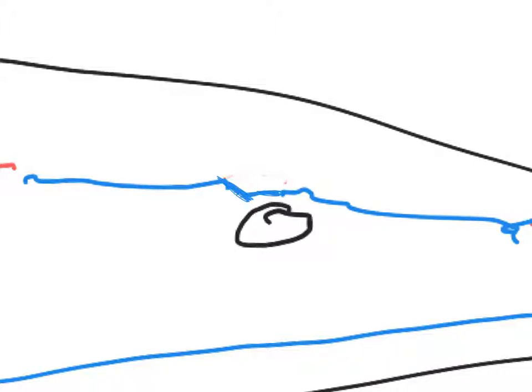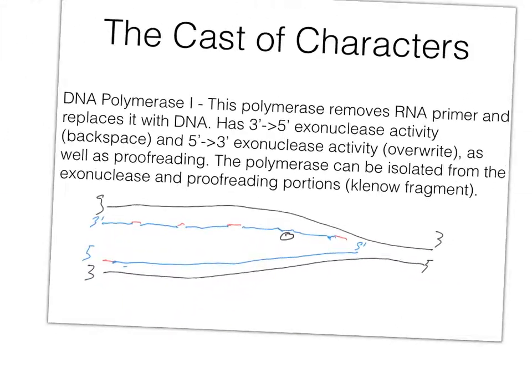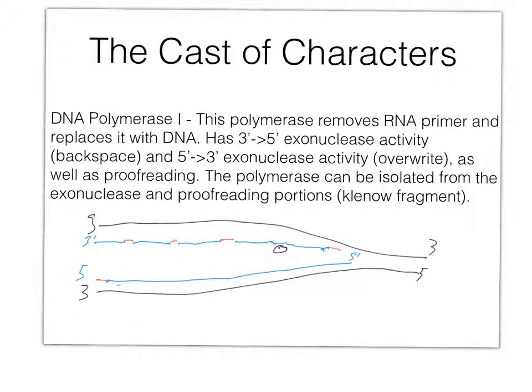So this DNA polymerase 1 needs two functions. It needs a 5' to 3' exonuclease activity, because what that's going to do is remove the base in front of it, the RNA base in front of it. This is similar to the overwrite feature on a keyboard, so that you lay down a new base in place of the one in front of you.